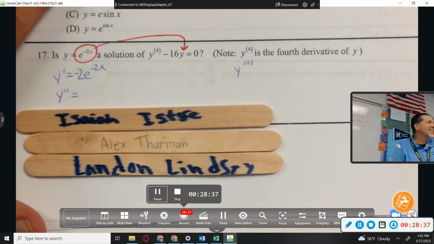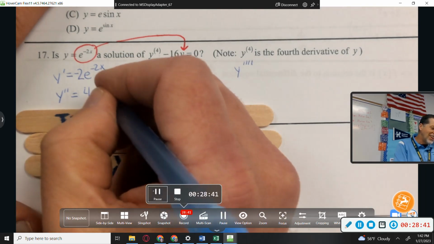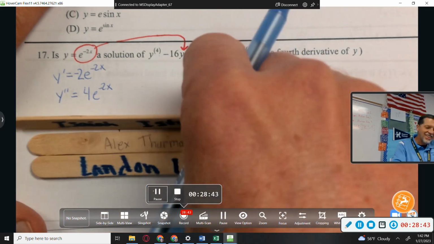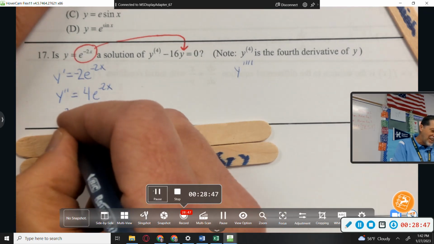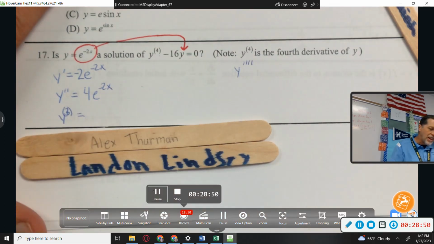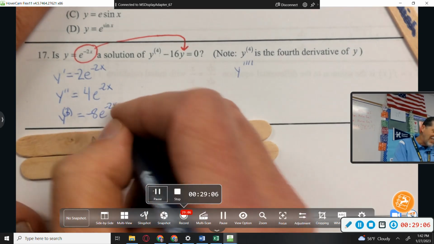No, don't look at it. 4 e to the negative 2x. Alex, how about the third derivative? Negative 6 e to the negative 2x. Ooh, that's a common mistake. 4 times negative 2? Oh, it's negative 8. There you go. Negative 8 e to the negative 2x.